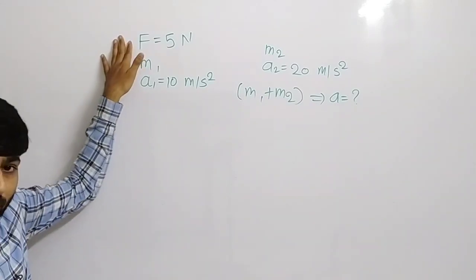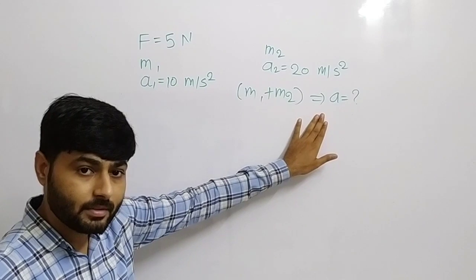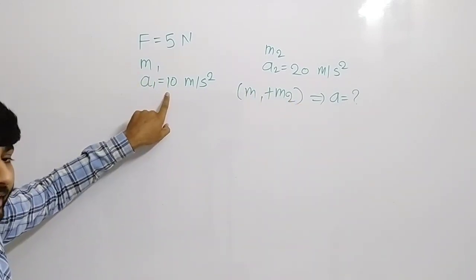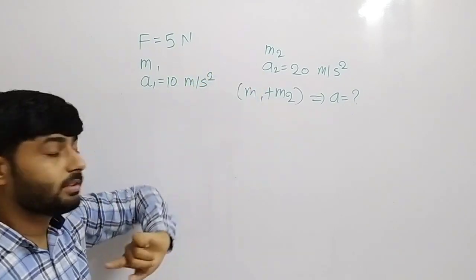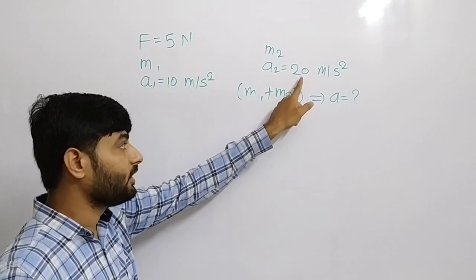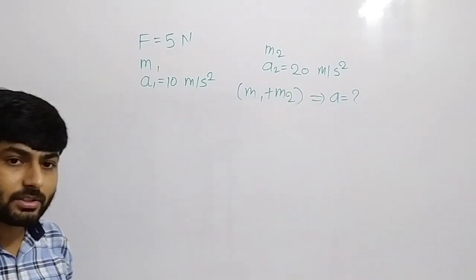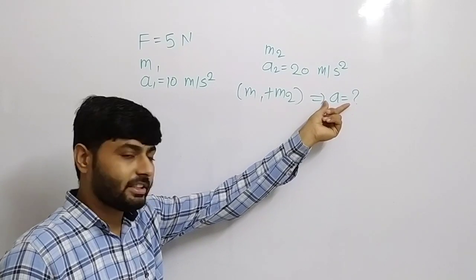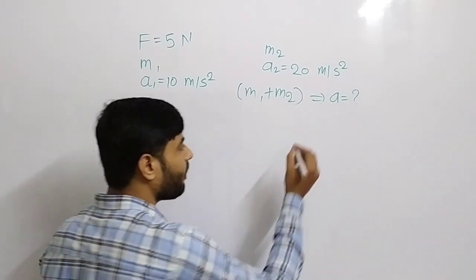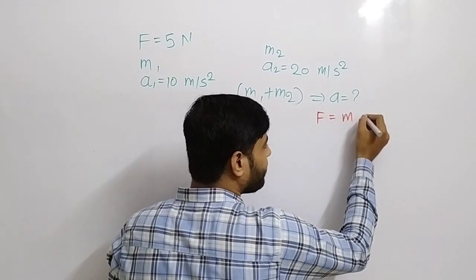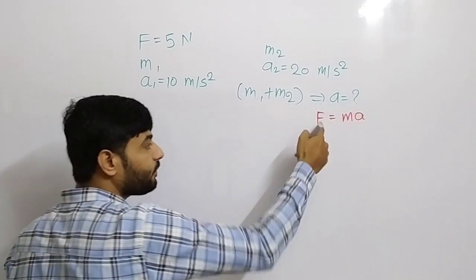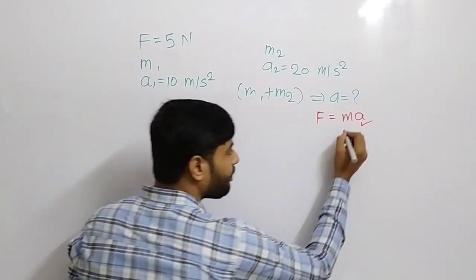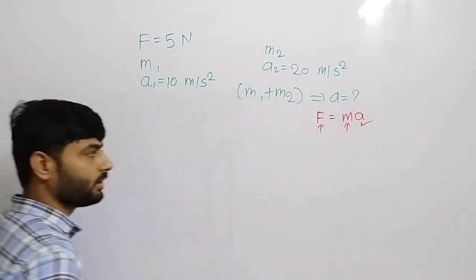So I hope you understood the data. We have a fixed force and two objects. This force can accelerate mass m1 to 10 meter per second square, and this force can accelerate mass m2 to 20 meter per second square. If I want to find acceleration, I want F is equal to ma. From this formula, to find a, I need both mass and force.